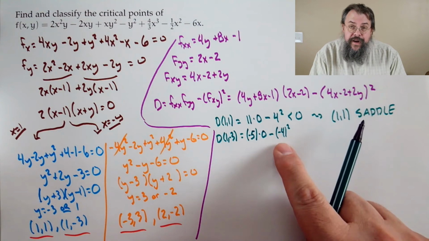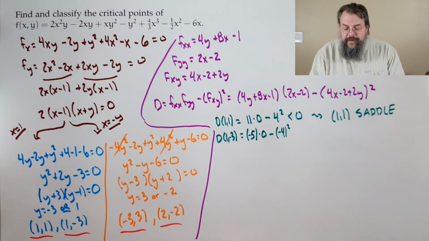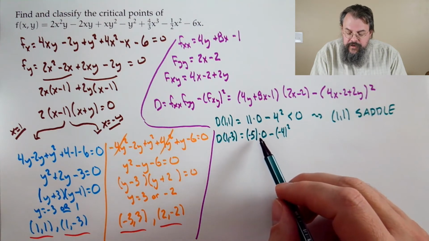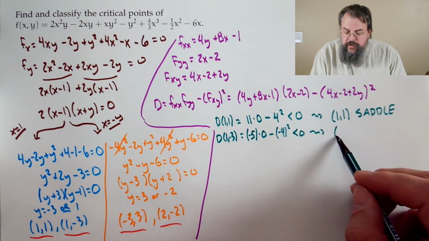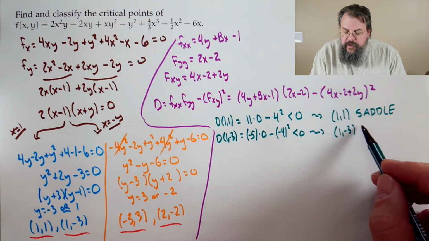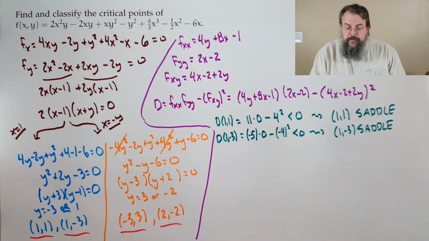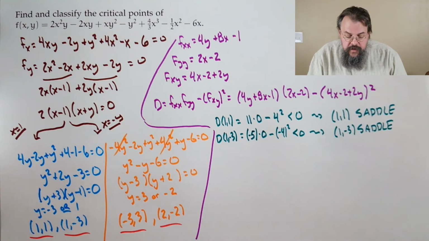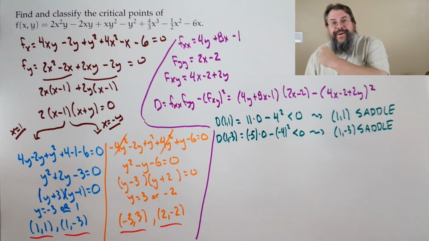And negative 4 squared is the same as 4 squared, because the square gets rid of the negative. So it's 0 minus 16, still negative. So this point, 1, negative 3, is also a saddle point. Okay, all right, well, that happens. No problem, no problem. We keep going.